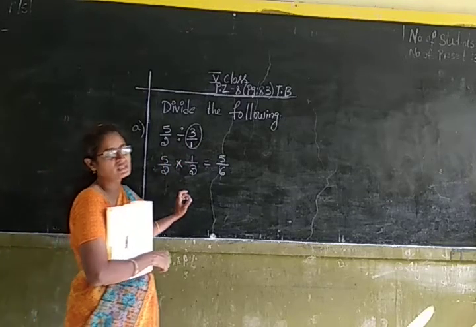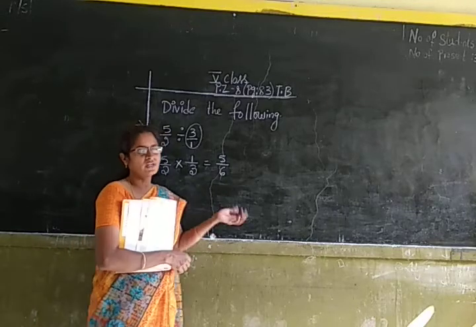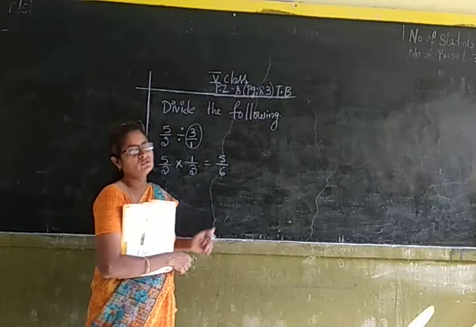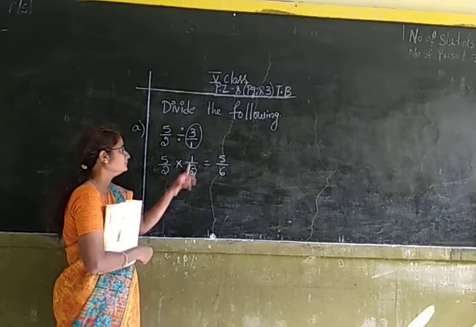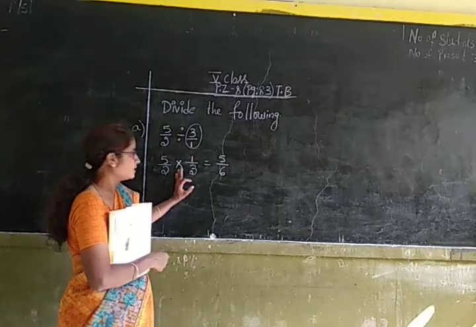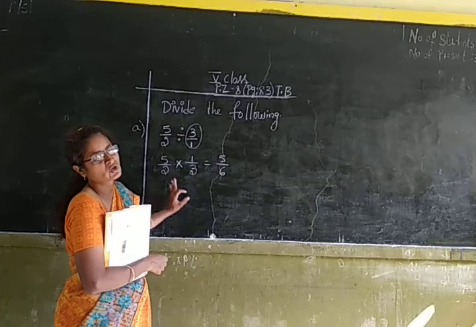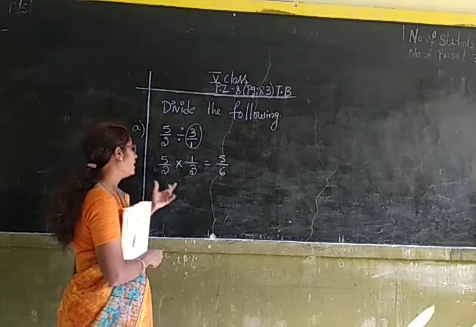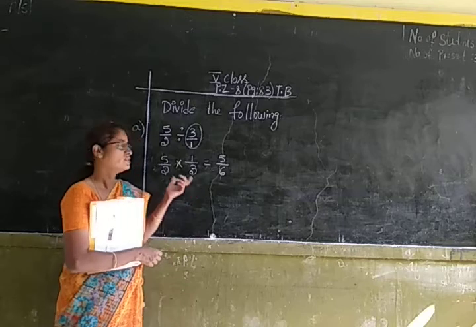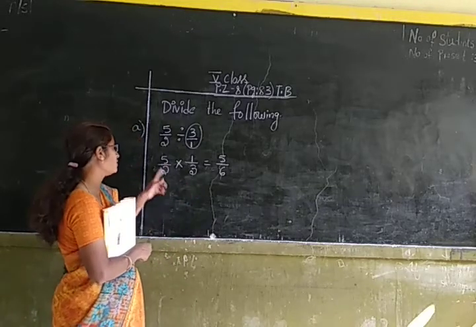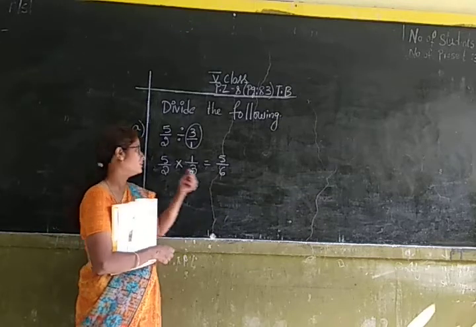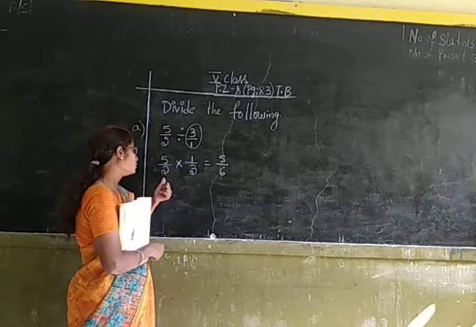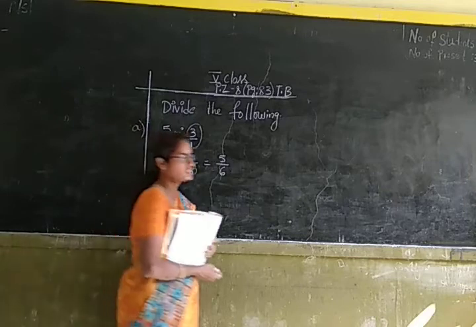Reciprocal means writing the denominator as the numerator and the numerator as the denominator. After writing the reciprocal, I multiply the fractions: numerator with numerator and denominator with denominator. So 5 ones are 5, 2 threes are 6. Okay children, did you understand?